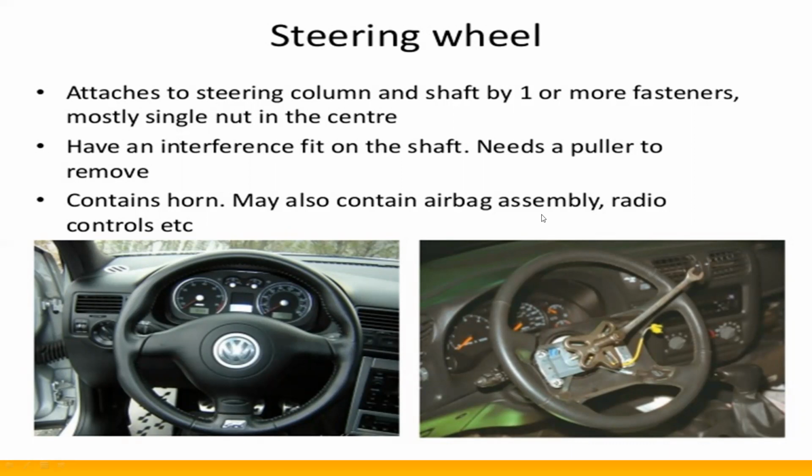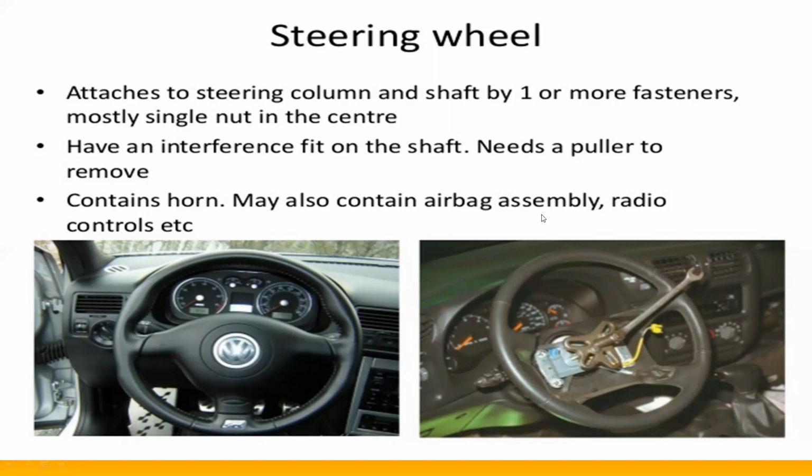Some steerings are placed in the middle, at the center point of the axis, some are placed at one end of the axis, and some at the other end of the axis. That means the steering is located on the left side of the car or the right side of the car. These are the different locations of the steering wheel.